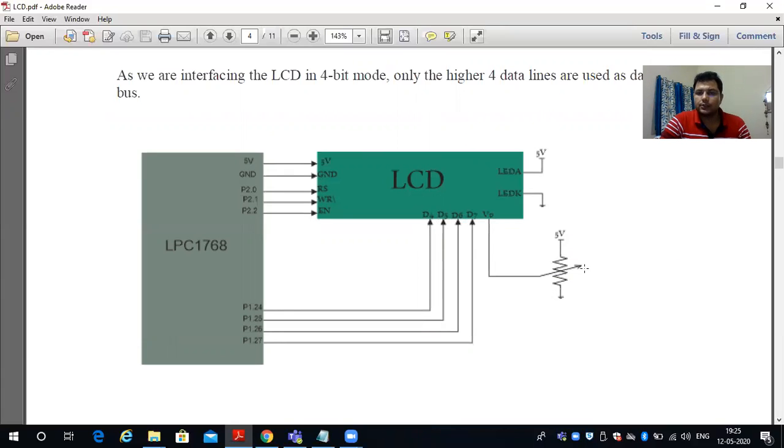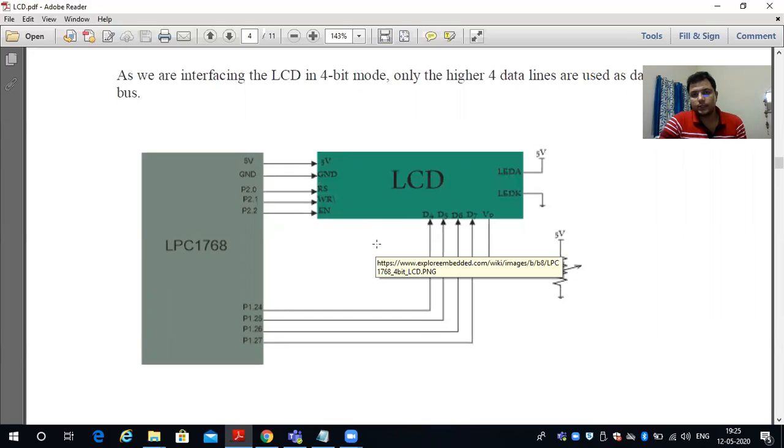V0 is for regulating the contrast. This is anode and cathode. This is to power up the LCD display unit, 5 volt, and this one is grounded. And then these are important.